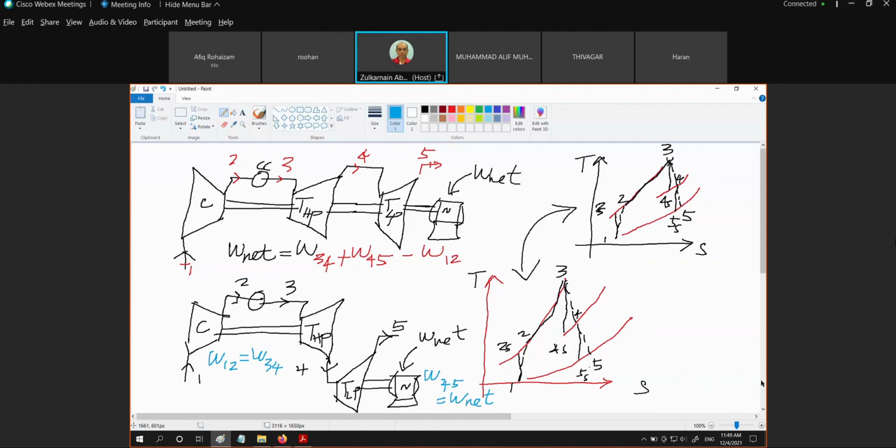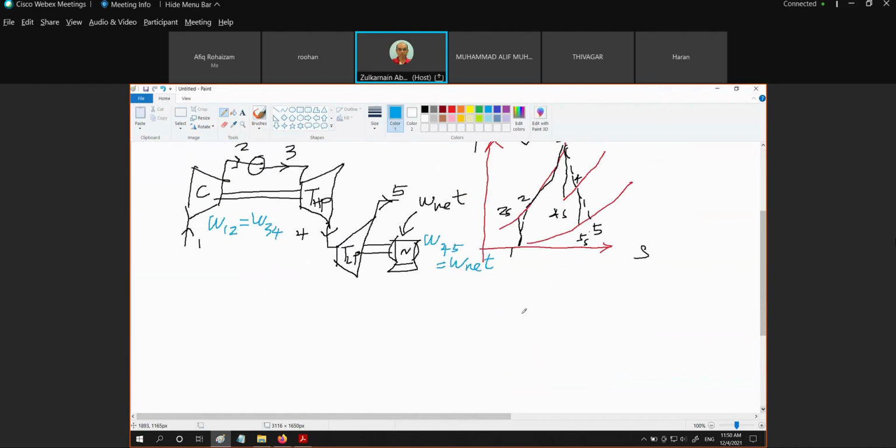But if you want to use the first law of thermodynamics for the second schematic diagram, you can do it, no problem, whereby you can define the W net of this second schematic diagram as equal to W 3,4 plus W 4,5 minus W 1,2.